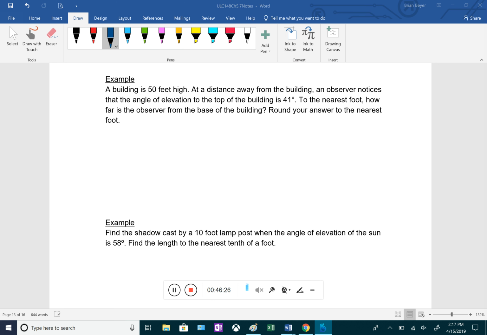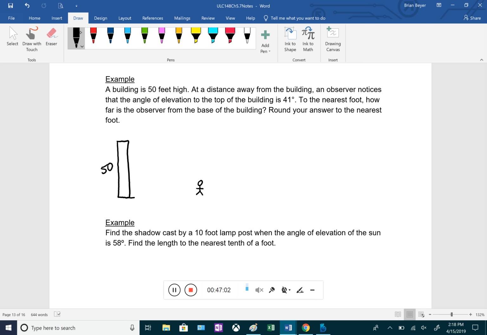So let's create a picture. A building is 50 feet high. So here's my super great drawing of a building, and we know that it is 50. I'm going to leave out units, I'm just going to put 50. And we have an observer, somebody down here, a certain distance horizontally away from the building.